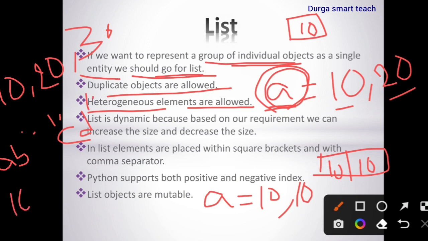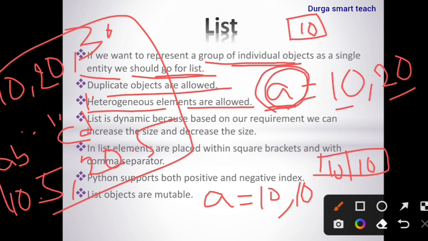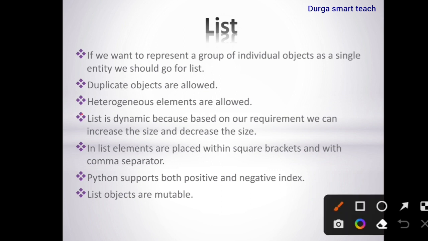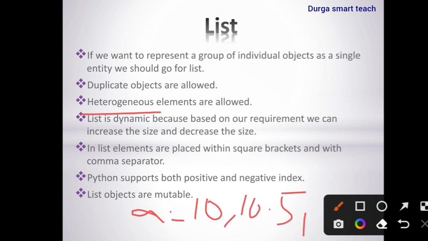If you are storing float, you need to store all the float values. That means this is homogeneous, same data elements. But here list allows heterogeneous elements. You can store in the same variable 10 as well as 10.5 and also one string value.